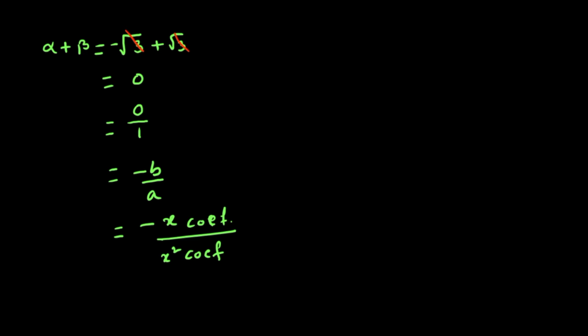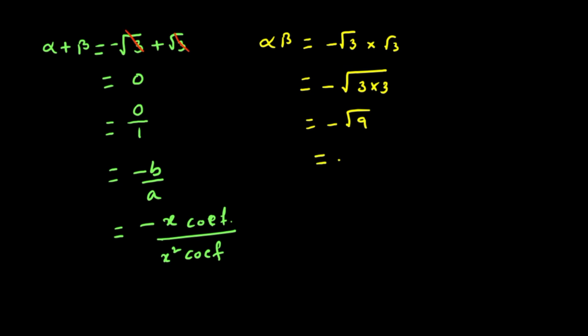Then we can take it as minus b by a, and one more, that is alpha into beta. Alpha into beta is minus root 3 into root 3, that equals minus root of 3 into 3, that means minus root 9. Root 9 value is 3, so that is minus 3. So what is this minus 3 here? Alpha into beta is c by a.